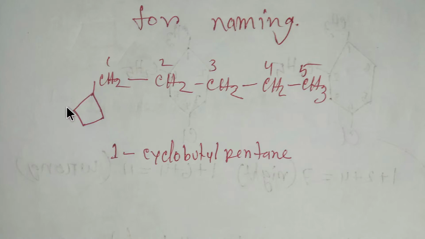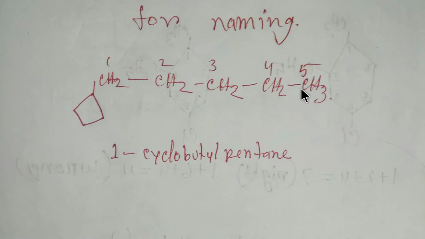So this will be the substituent and this will be the main compound. The 5 carbon alkane is pentane, and this will be the substituent. We have to always consider the substituent as a lower number, right?